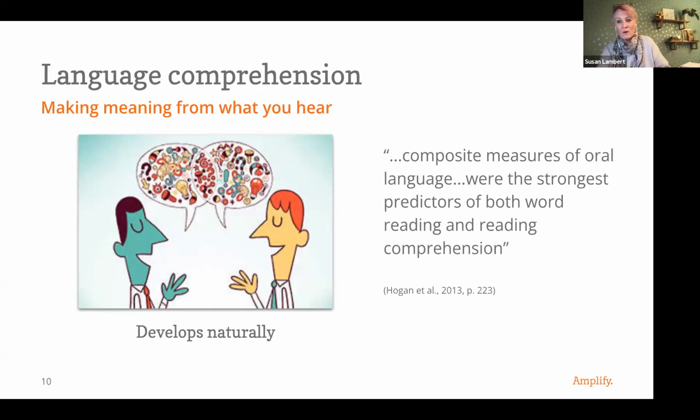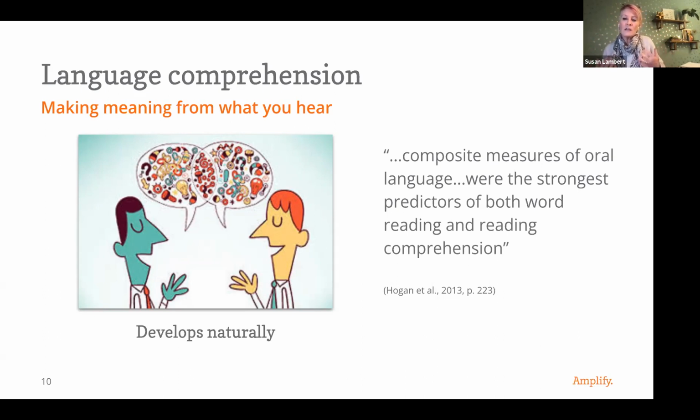So back to our framework, let's talk about language comprehension. This develops naturally. This is making meaning from what you hear. And so when kids come to us in preschool and in kindergarten and start their schooling experience, they're bringing with them language comprehension, right? All the things that they hear and they talk about.